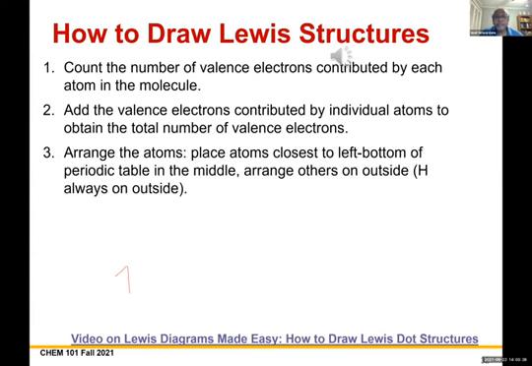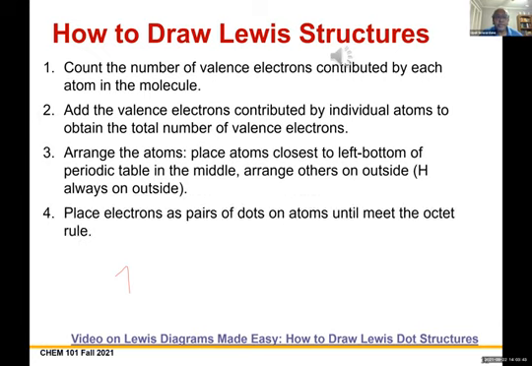Now arrange the atoms, place the atoms. This is kind of descriptive. You pick the central atom and connect the terminal atoms. The central atom makes more covalent bonds. So you connect the terminal to the central. Place electrons as pairs of dots to meet the octet rule after you connect the atoms. Start with the outside atoms first, filling electrons.